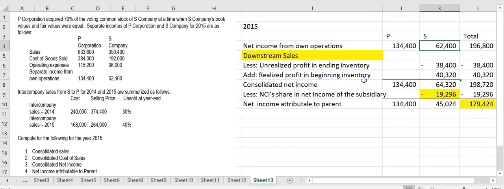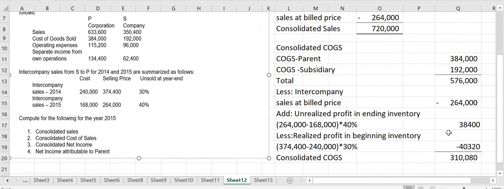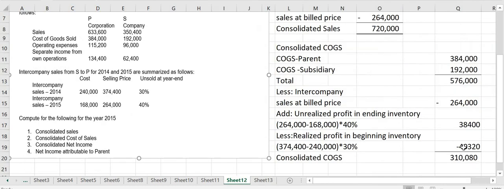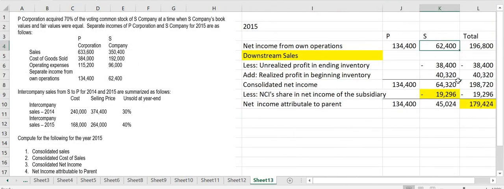Okay, so, since this is an upstream transaction, yung unrealized profit in ending inventory, yan siya, na 38,400, i-deduct natin, and then i-add natin yung realized profit at the beginning inventory. It's actually 40,320. Yan siya. So, unrealized is i-deduct. Ang realized is i-add, pag we are computing adjusted net income. Okay, so, therefore, the consolidated net income is actually 198,720. This is our consolidated net income, 198,720.